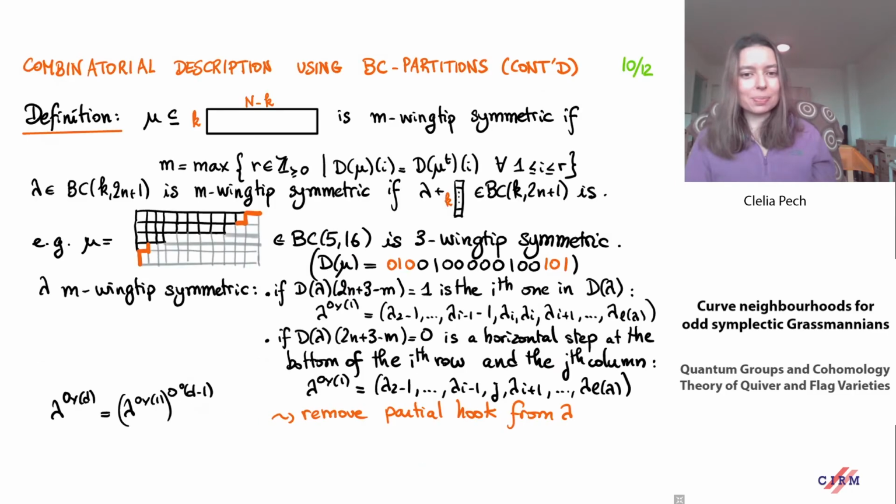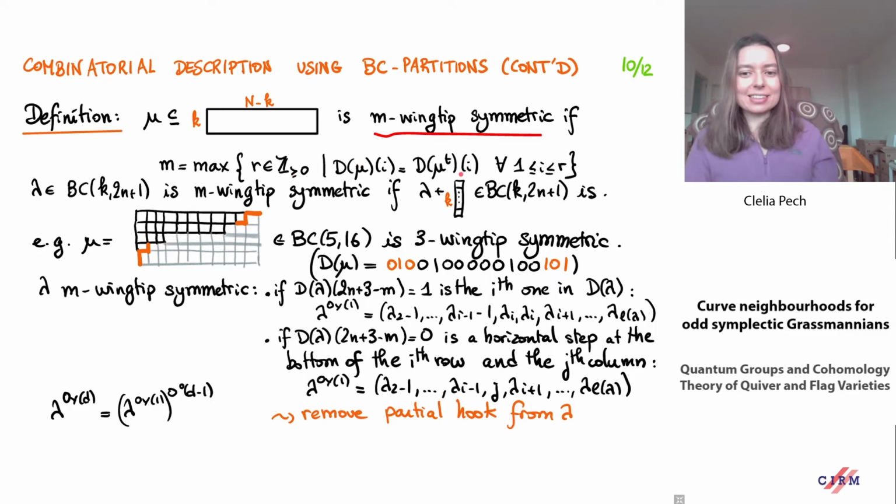Now there's the hard bit. I'd like to describe the part that starts intersecting the open orbit. For this, there's the notion of M wingtip symmetric.